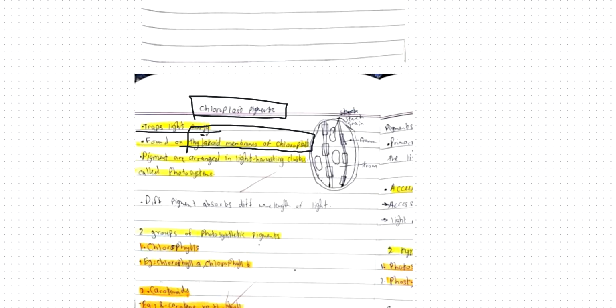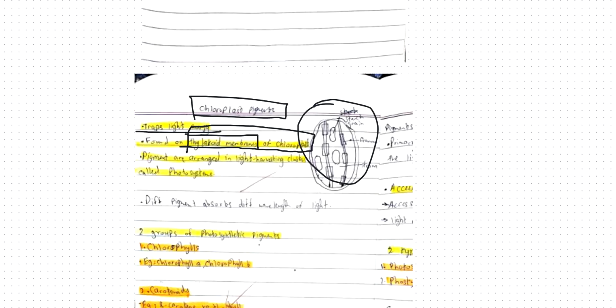And where in the chloroplast? In the thylakoid membrane. Remember this. I'll explain more about the anatomy of the chloroplast. For now, just know that pigments are found in the thylakoid membrane of the chloroplast.